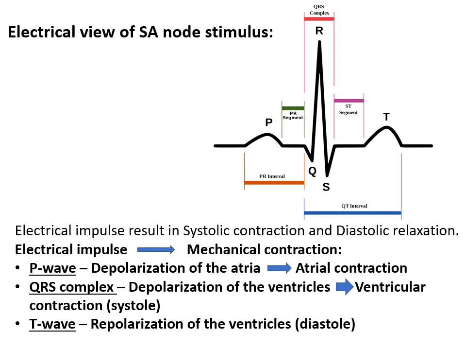followed by a little break called the PR segment, which is where the electricity is being held up in the AV node just for a short period of time. There's a reason for it, but we won't get into it right now. Once the electricity is released from the AV node and sent down the bundle of His and the bundle branches, you get ventricular depolarization, which is your QRS.